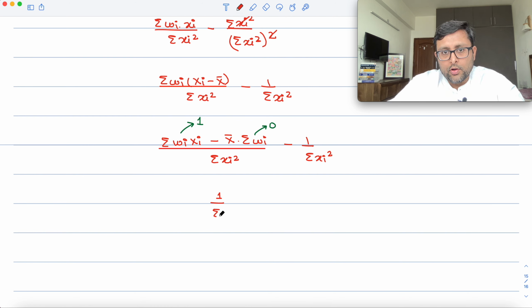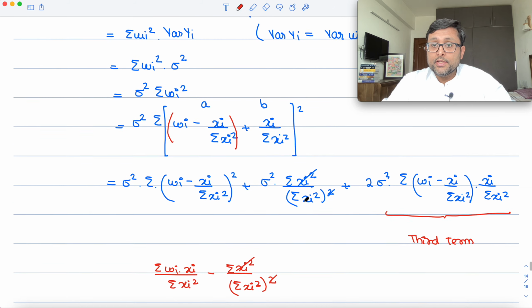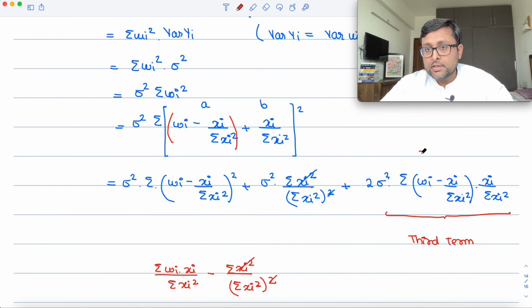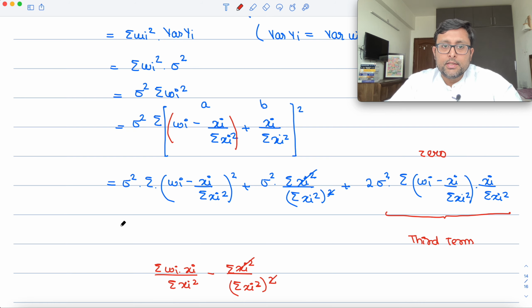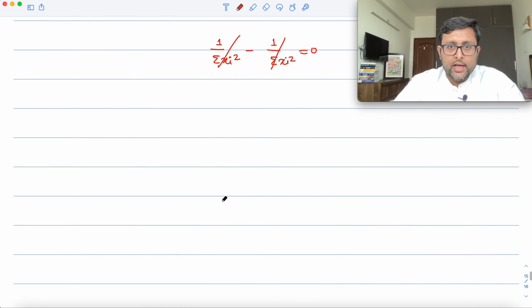It is 1 upon summation of small xi square minus 1 upon summation of small xi square, which is equal to 0. So this entire term is nothing but 0, and you're left with only this.